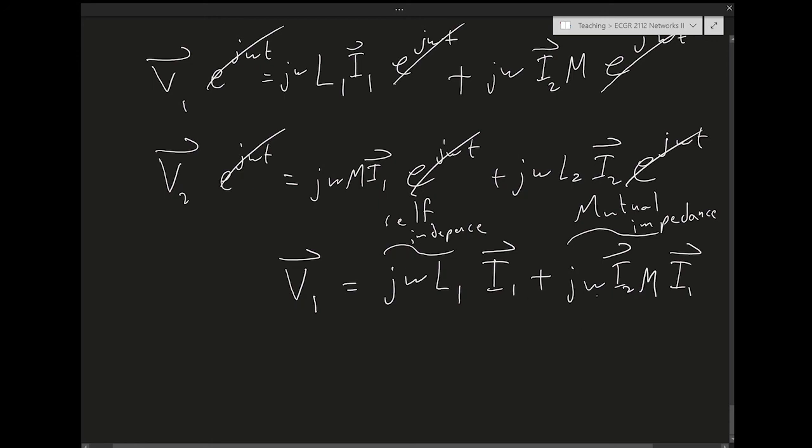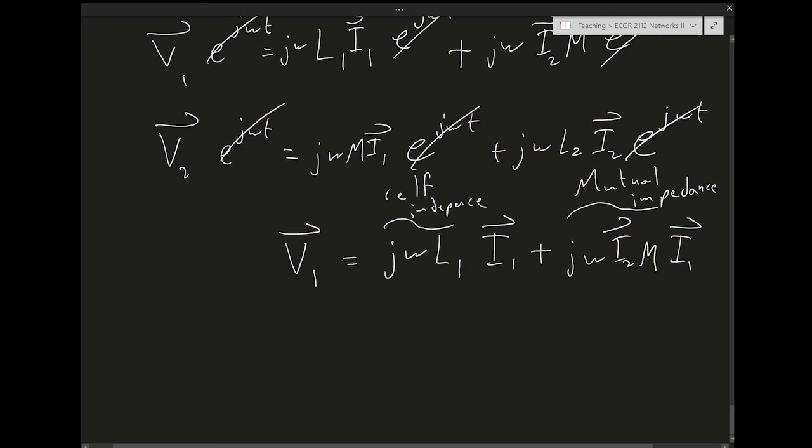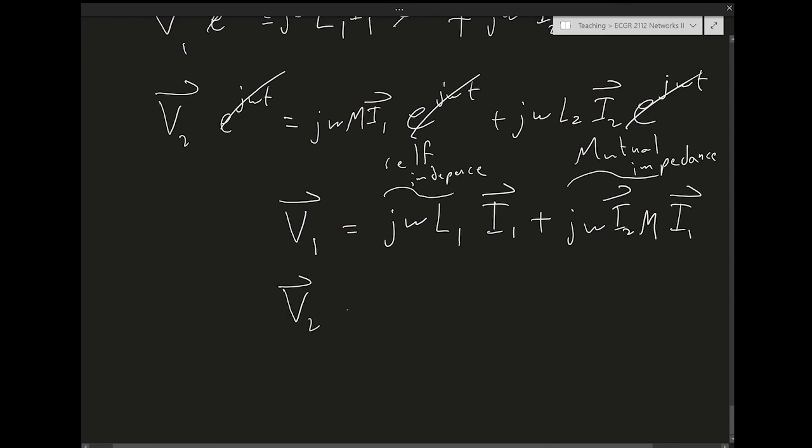So jωM is the mutual impedance. And then V2 equals jωM I1 phasor plus jωL2 I2.